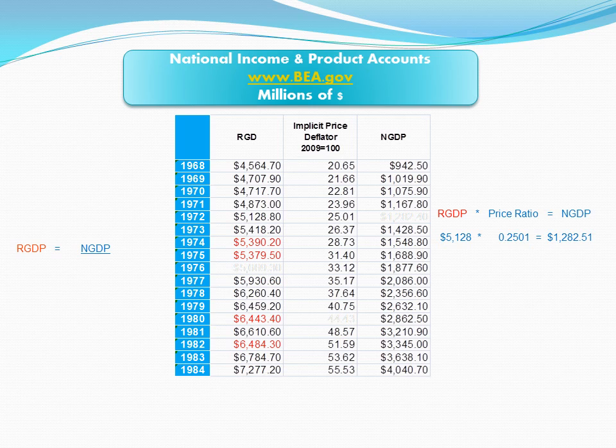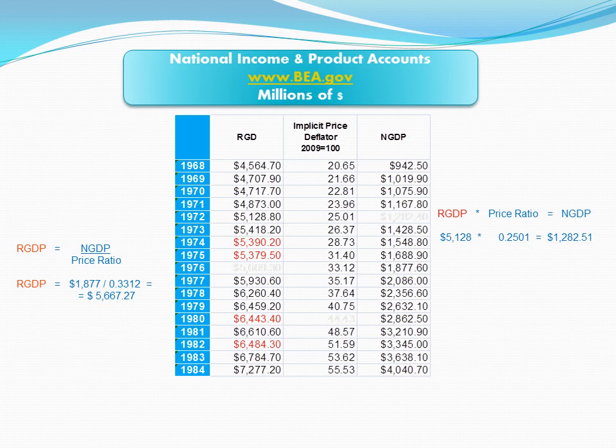Great. So we can calculate nominal GDP. Now we can go on with real GDP here, dividing both sides of the equation by the price ratio and plugging those numbers in. We can see that we have 1877 divided by 0.3312, and this gives us a real GDP of 5667.